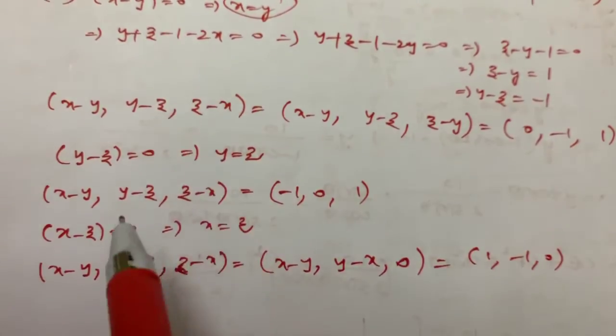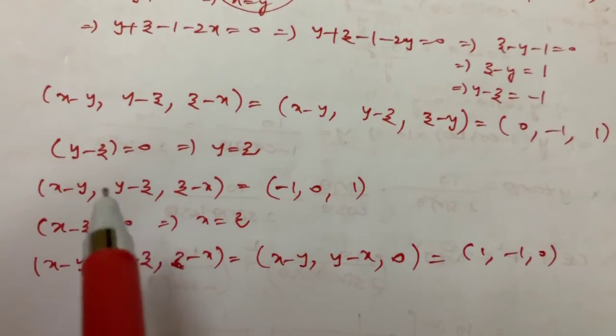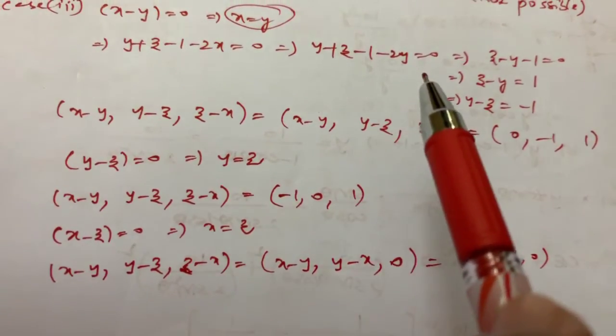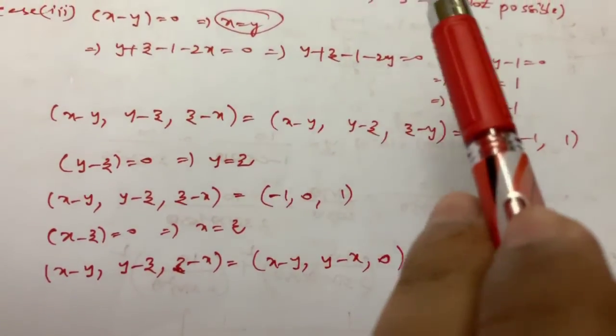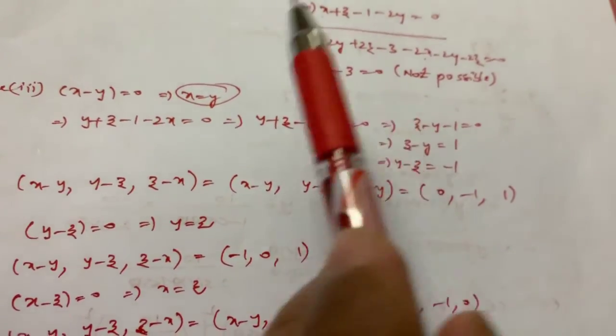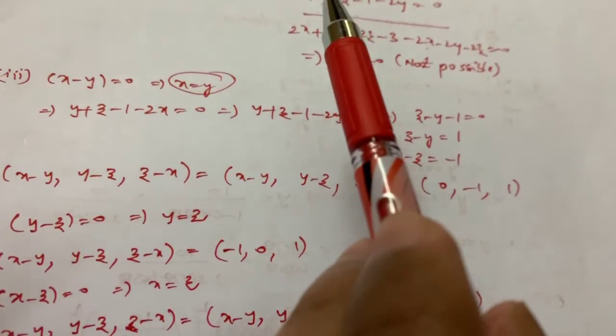For these three cases we'll have three solutions, when only one of them is 0. In the product only one we are taking 0, and if all the terms are zeros we'll have one more solution, (0, 0, 0). If all three are non-zero we don't get a solution. If two are 0, it directly indicates the third one is 0.